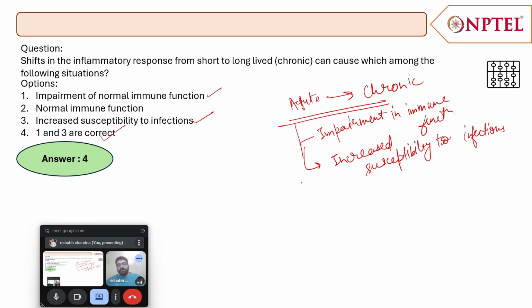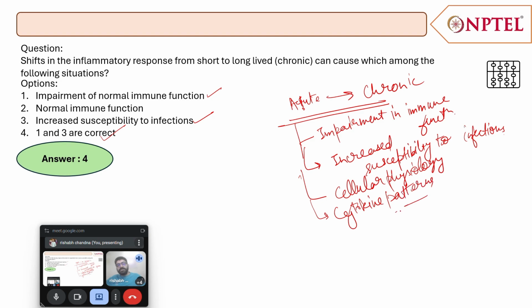Okay, followed by this, it changes the cellular physiology, the cytokine pattern, all these things are changed when the inflammation changes from acute to chronic.